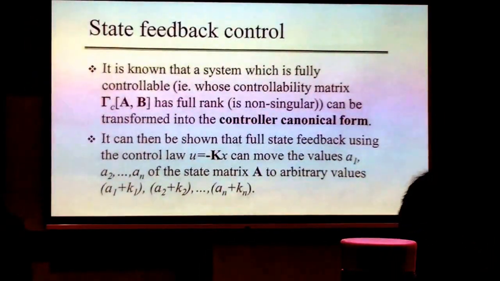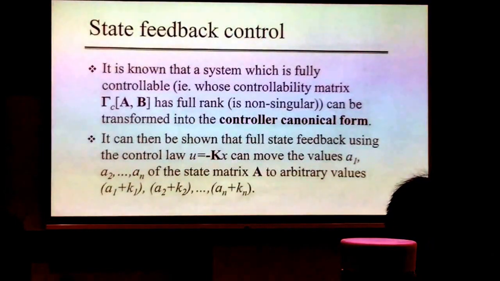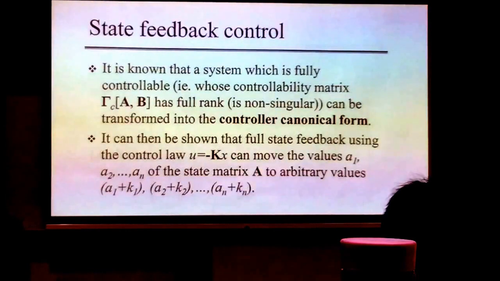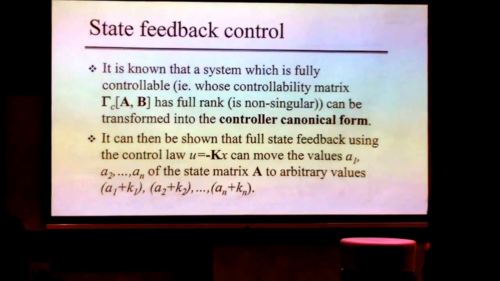Okay, so for state feedback control, we said that a system which is fully controllable has a controllability matrix which is full row rank, non-singular. Such a system can be transformed into controller canonical form, and you can use full state feedback using u equals minus Kx.